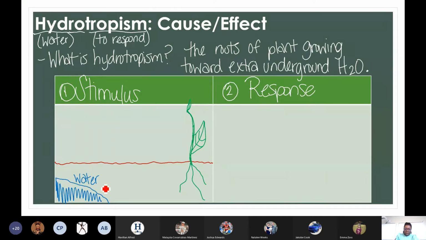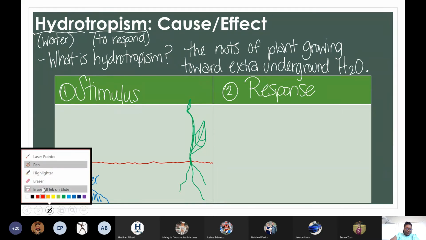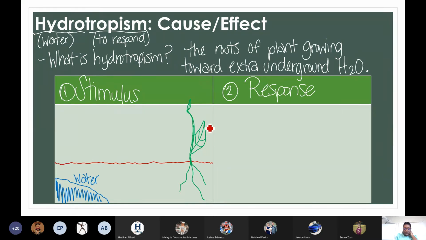We'll notice in our second picture, we don't want red. We're going to find that our roots will grow towards that water.